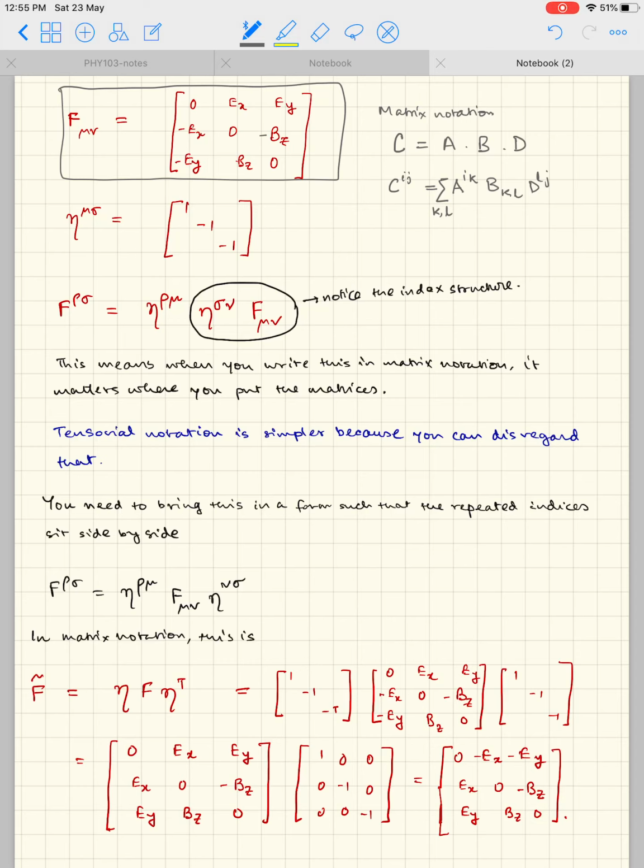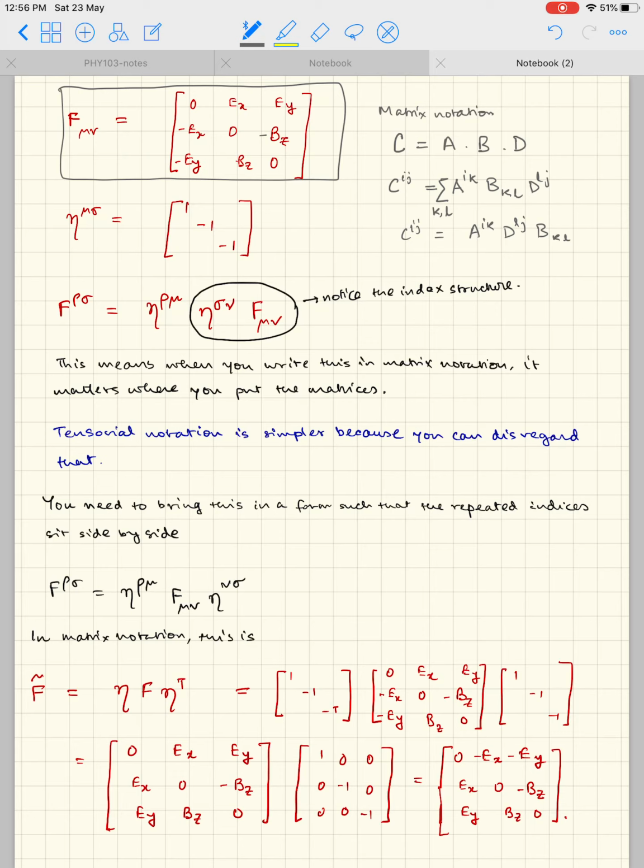So you could of course have written this as AIK, BLJ and DLG and BKL when you write it in this particular tensorial form, but you'll have to remember to bring it in the right order when you are looking at this in the matrix form. Okay, that is the main point here.